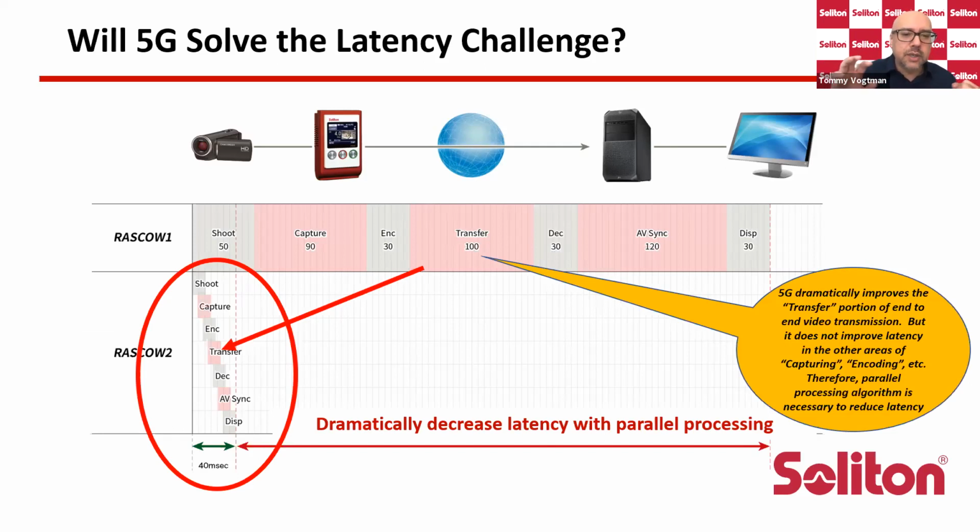In the other layers, encoding and decoding, 5G does not improve latency. So yes, 5G will improve latency, but it's not going to solve the full latency problem, which is why you need this ultra low latency video technology.